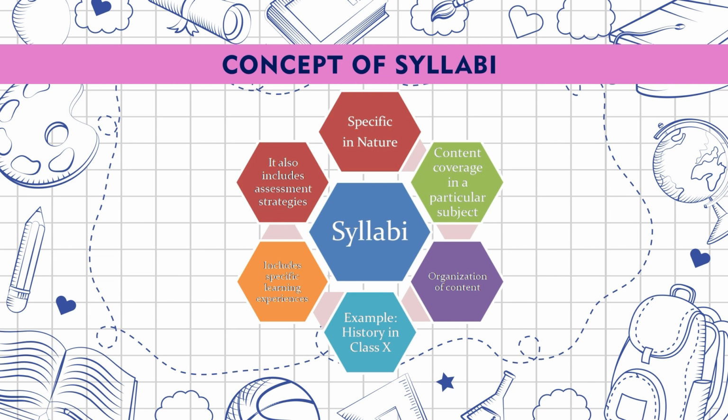I gave the example of the B.Ed curriculum, which includes many courses: understanding disciplines and subjects, language across the curriculum, knowledge and curriculum, pedagogy of science, pedagogy of social science, contemporary India and education, teaching and learning, childhood and growing up. So many courses are there in the B.Ed curriculum.